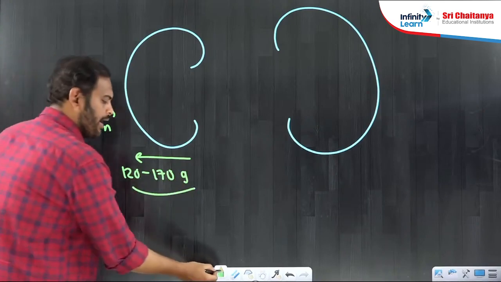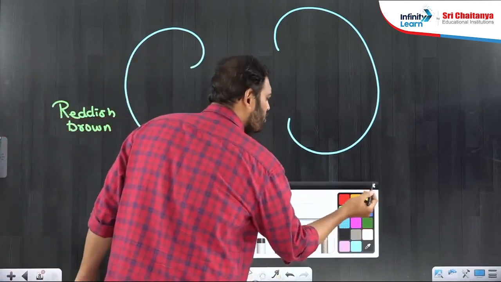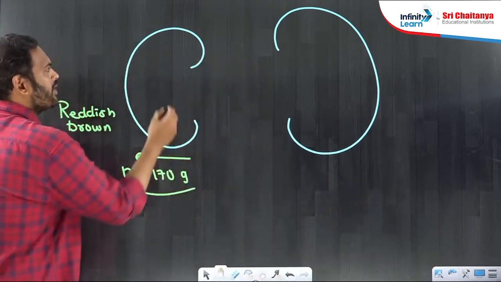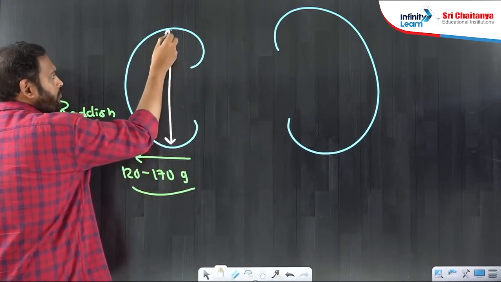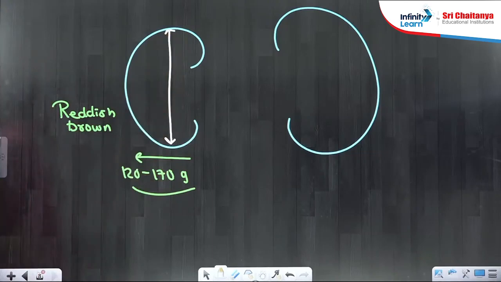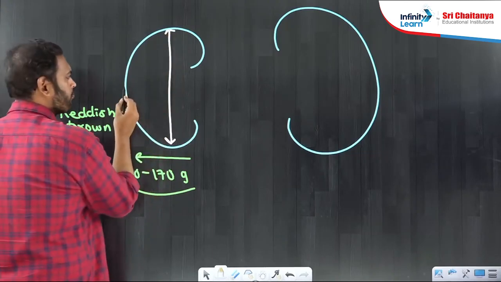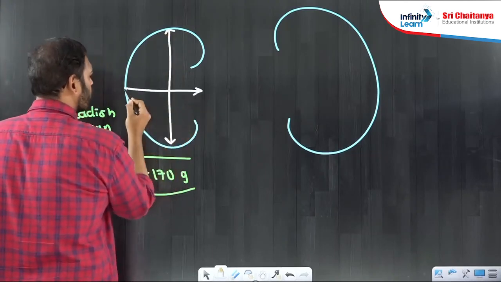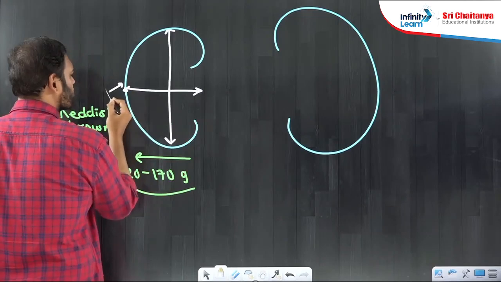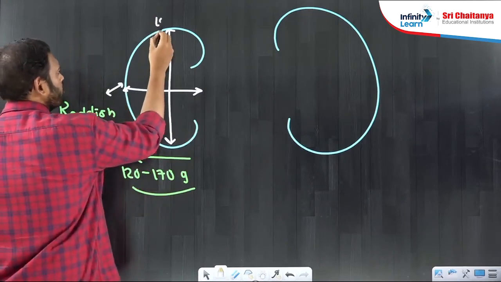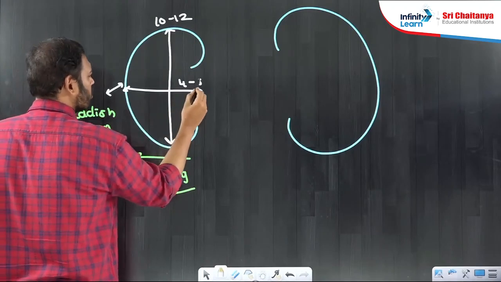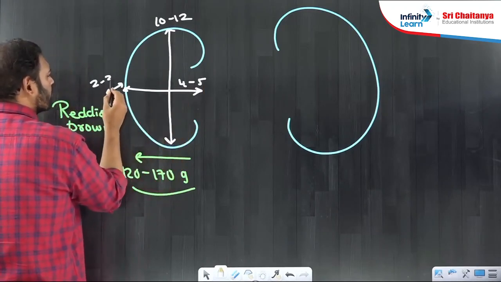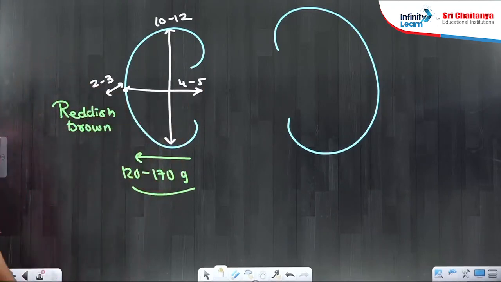And if you ask me their dimensions, of course, a kidney may have length, width, thickness also. So 10 to 12, 5 to 6, thickness 2 to 3, like this.